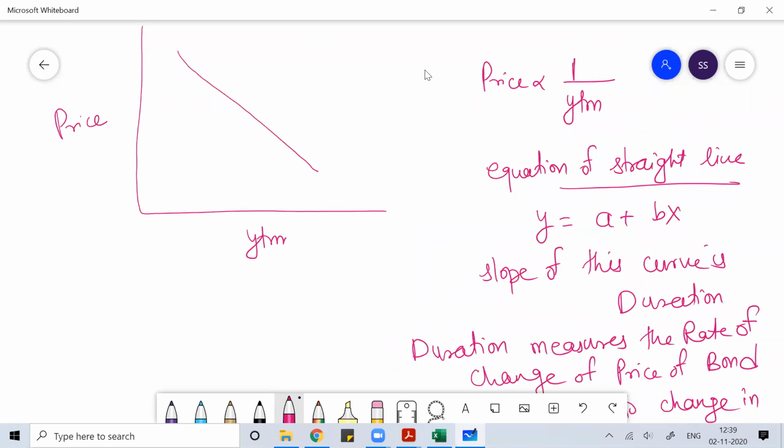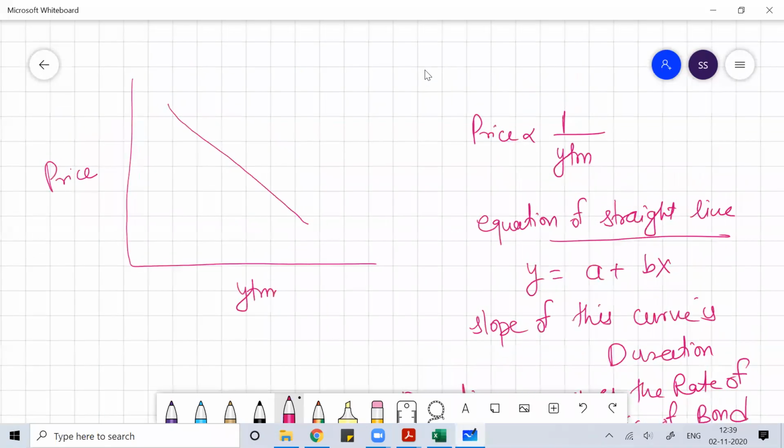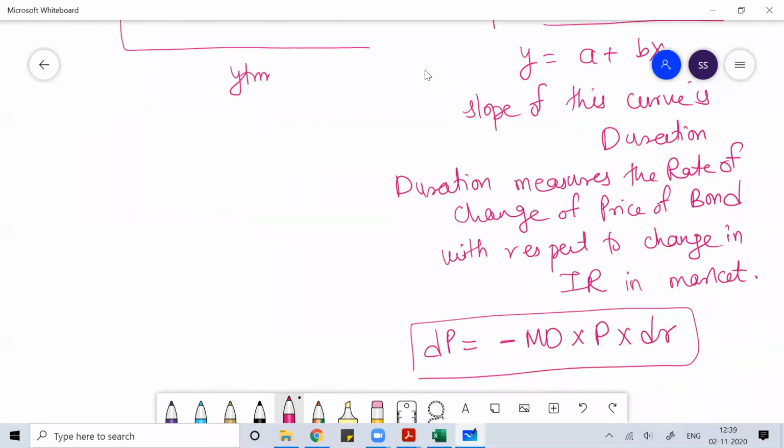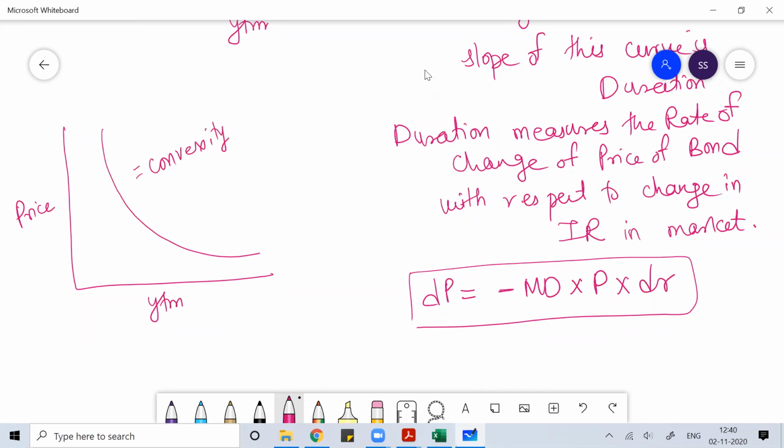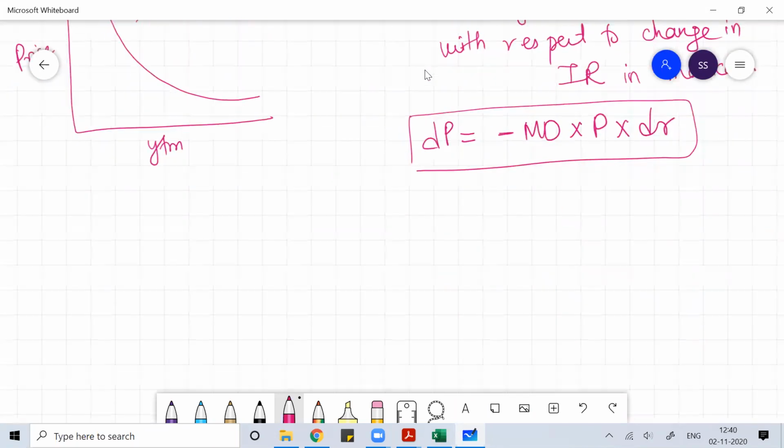So that explains the logic that the graph you see between the price and YTM is not a linear graph. If you actually plot the graph between the price and YTM, instead of being linear, it is like this. And this relationship is called convexity.